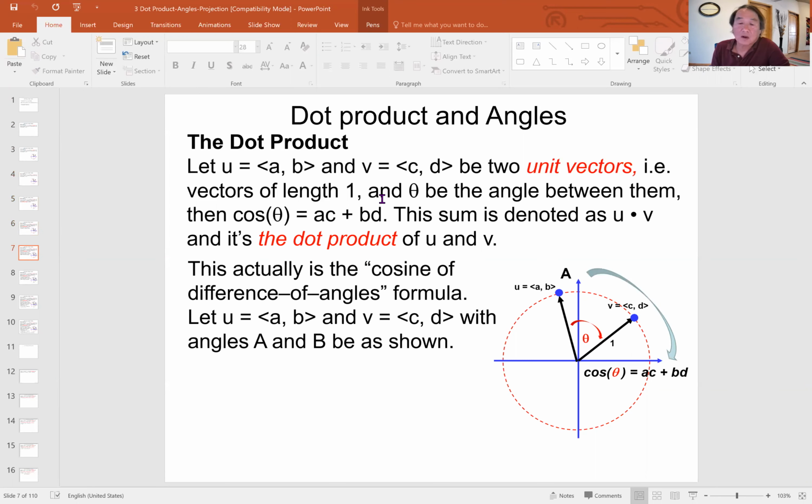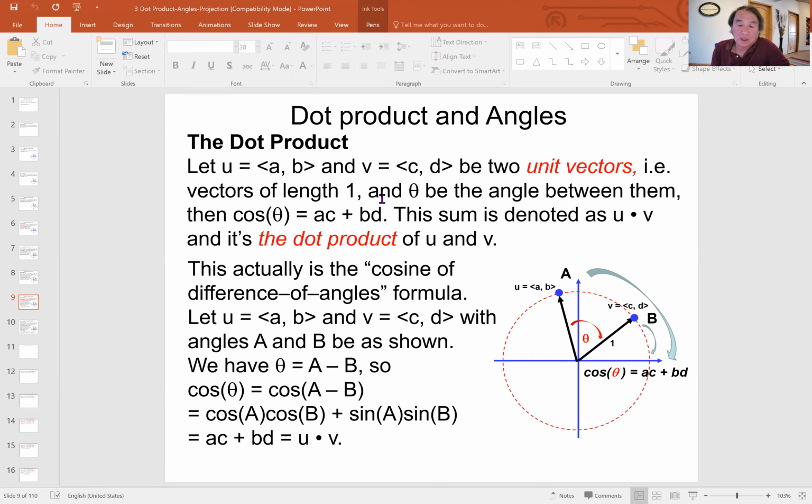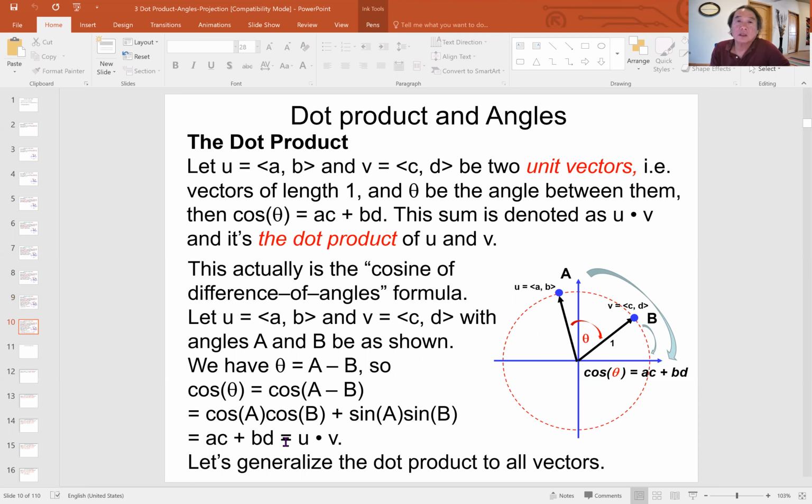If A is the big angle outside and B is the small angle, then theta is going to be A minus B. So cosine theta, using the cosine difference angle formula, gives me this sum. Okay, so we're going to generalize this to all vectors.